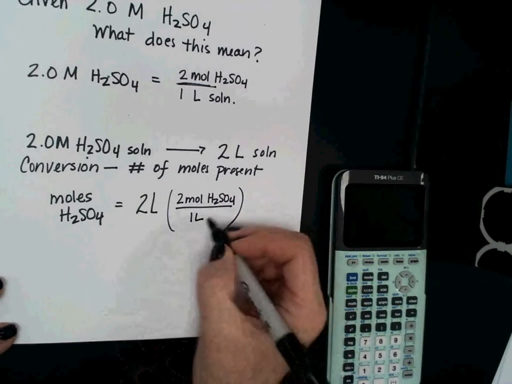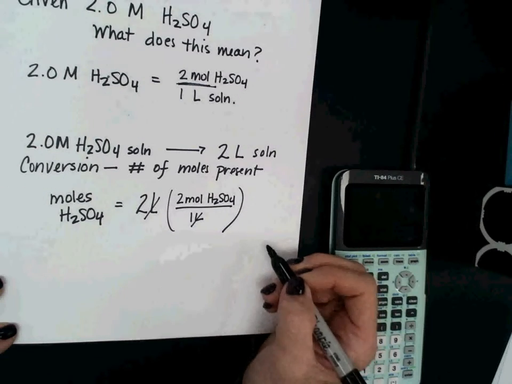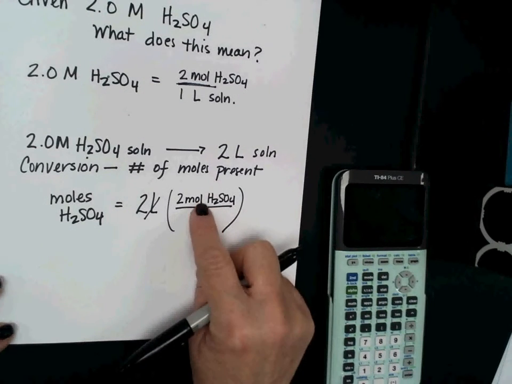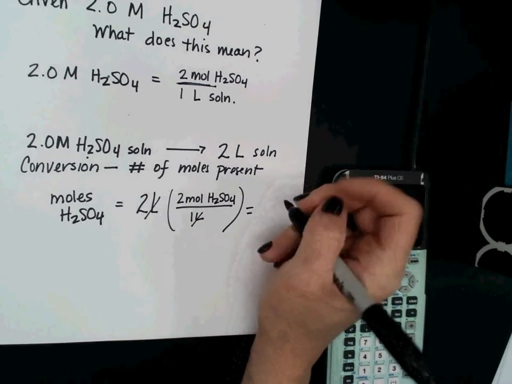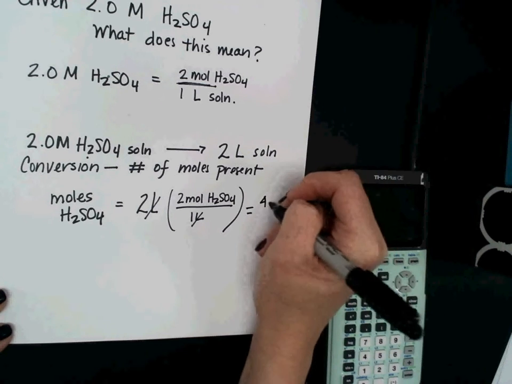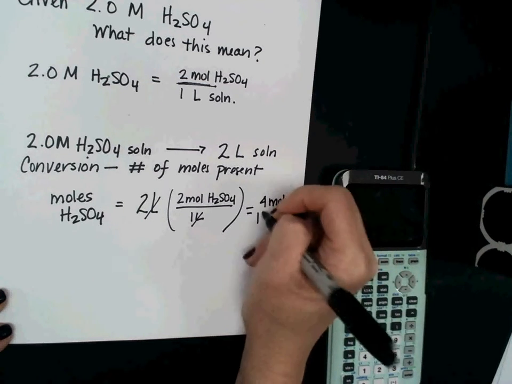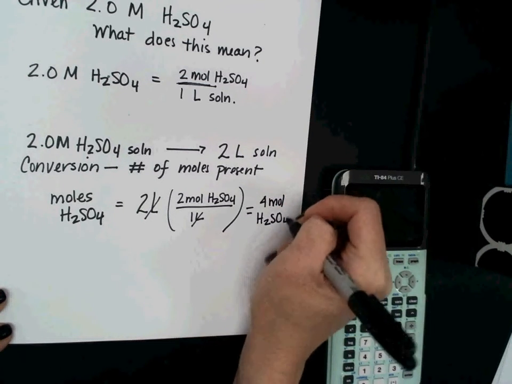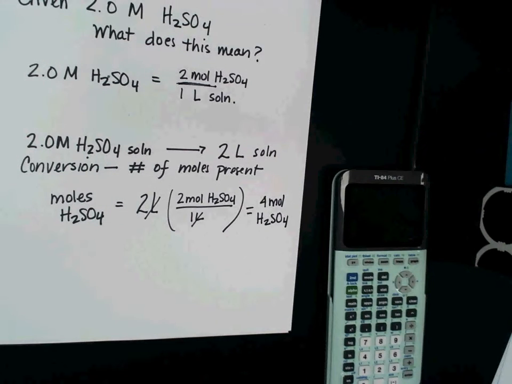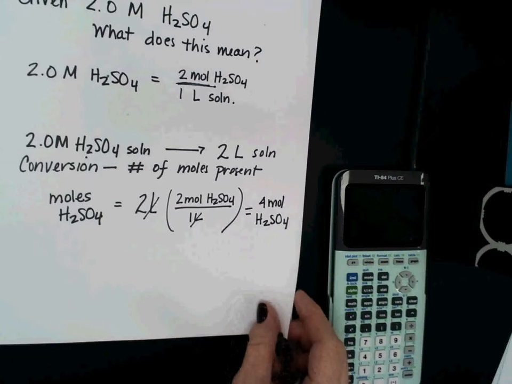My liters cancel out. I'm left in moles. And it becomes a really simple multiplication problem. So you really just have to find a way to use what you know about the molarity and look at the quantity, where you want to go, and find a way to use it.